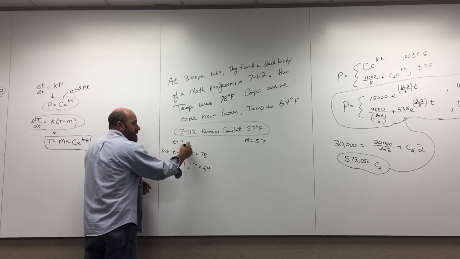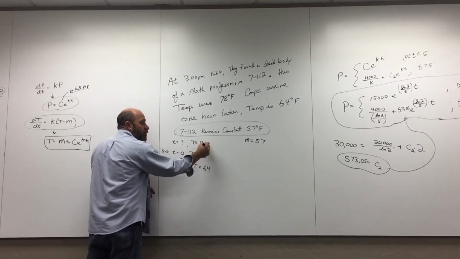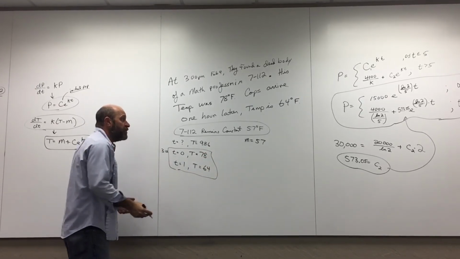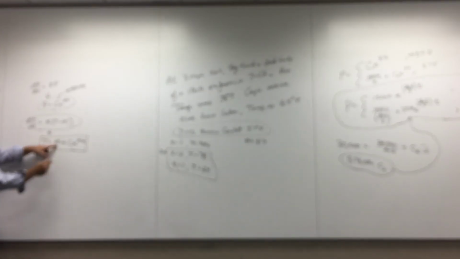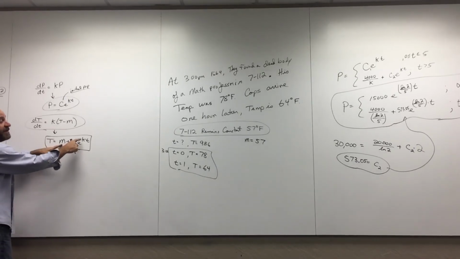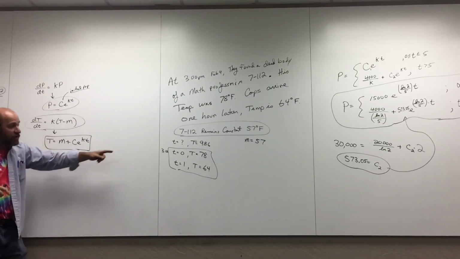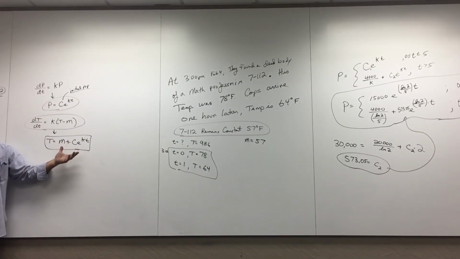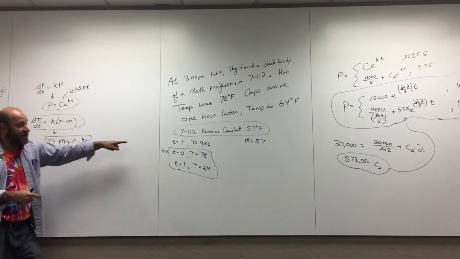In other words, find the time when his temperature was 98.6. But these two pieces of data are going to help you with your model. Your model has an M in it. We know what M is. But it also has two unknown constants, C and K. You can use this information to help you find C and K. Then you can answer any question anybody asks you, which is this question.